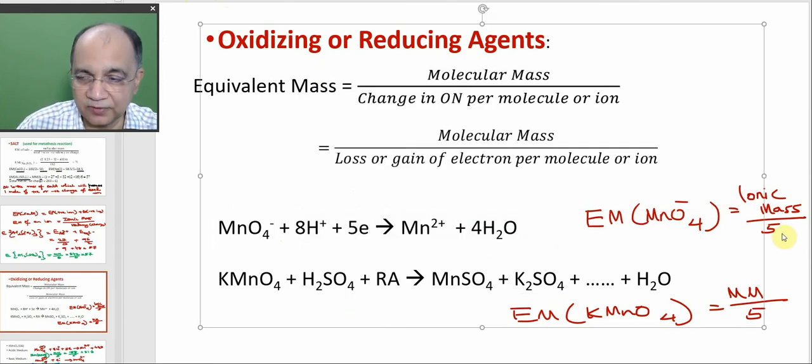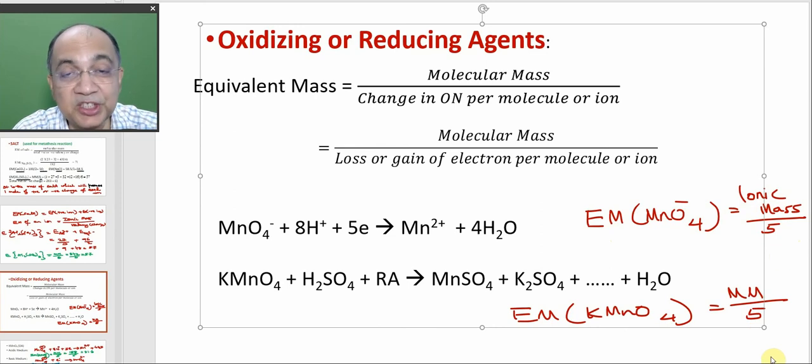So the factor is 5. If you are going to find the equivalent mass of an ion, then it is the ionic mass by 5. If you take the entire molecule KMnO4, then the entire molecular mass by 5. Here the factor is 5 because the change in oxidation number that manganese suffers is 5 in acidic medium. So this is an acidic medium.